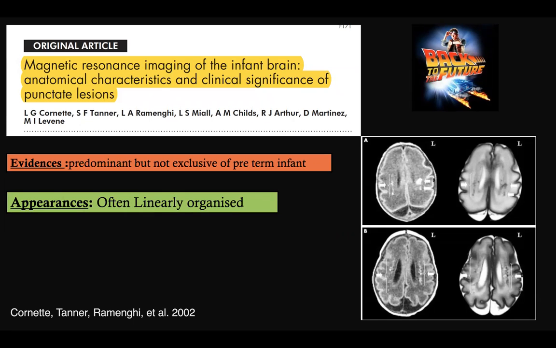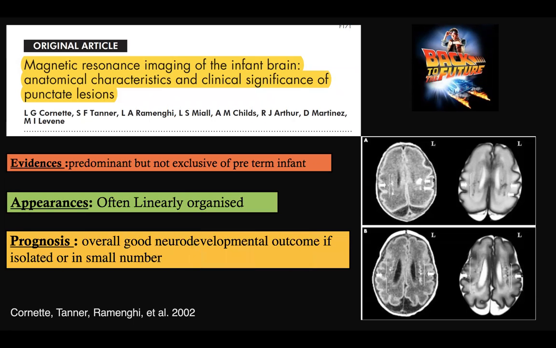They are often linearly organized, again confirming this association with the deep medullary vein. And the prognosis is dependent on the number and the clusterization of these lesions. In other words, and quite intuitively, the more the punctate lesions, the more clustered together, the more in critical areas of the brain, the worse the prognosis.